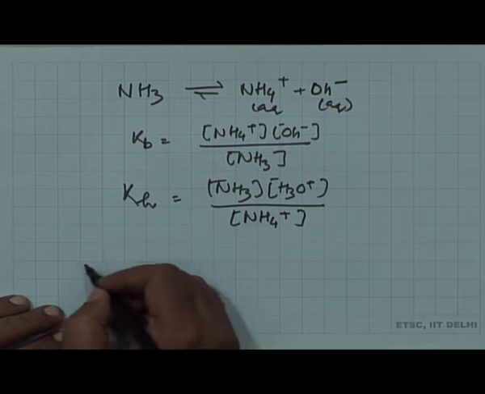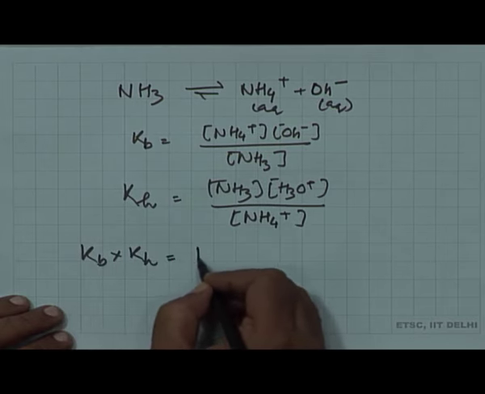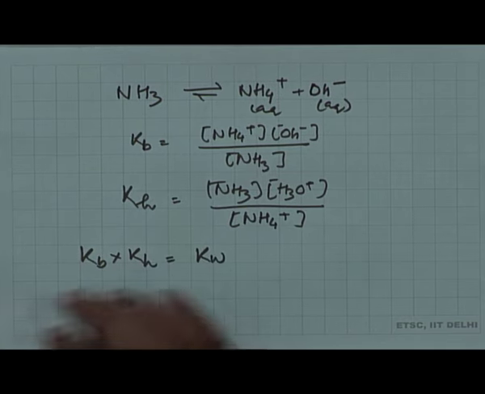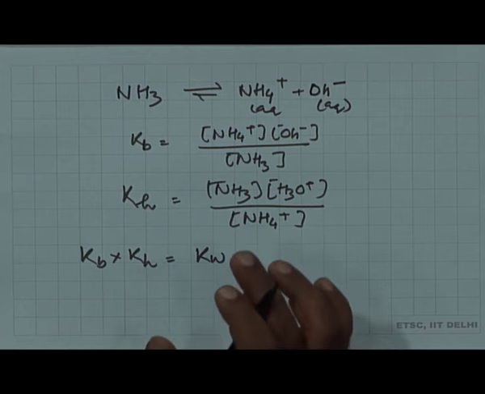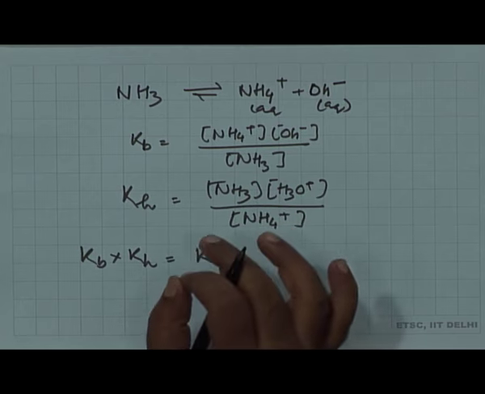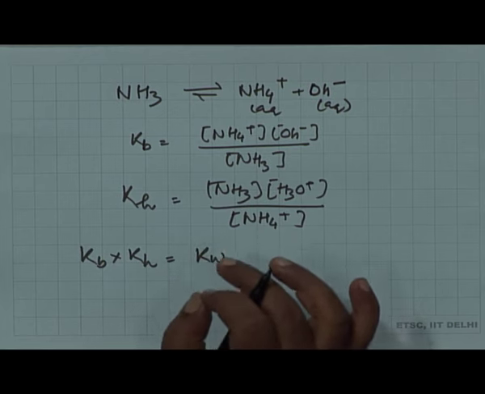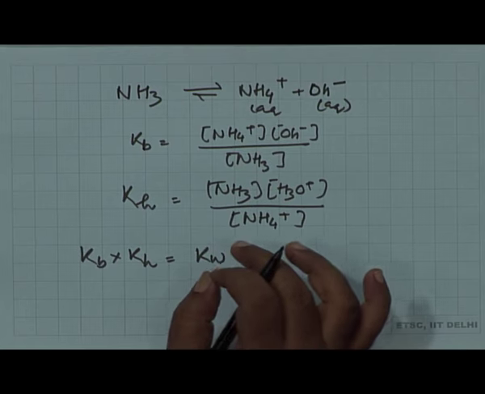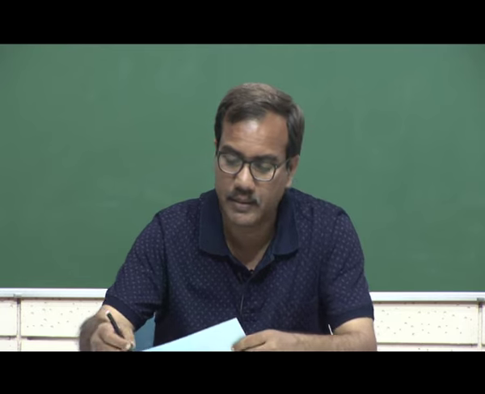If we multiply Kb into Kh, it will be equal to Kw. If we know Kw and Kb of your weak base, we can calculate Kh, and once we know Kh, we can calculate the OH minus ion concentration or H plus ion concentration.